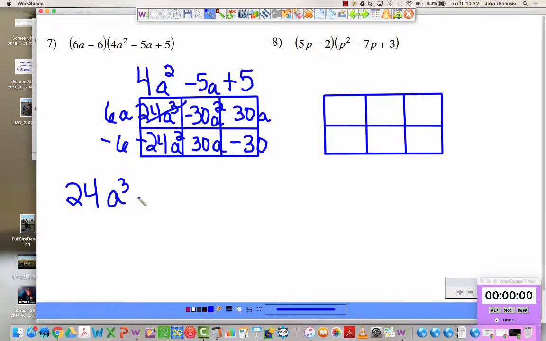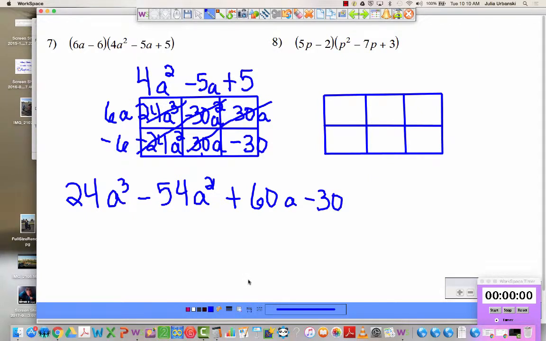Say it again. Negative 54. Good. Add and keep the negative sign. Negative 54, a squared. I did those two together. Now I have a positive 30a and a positive 30a. Let me just fix this little thing right here. Hold on. All right, so positive 30a and positive 30a would be 60a, and minus 30 stands alone.